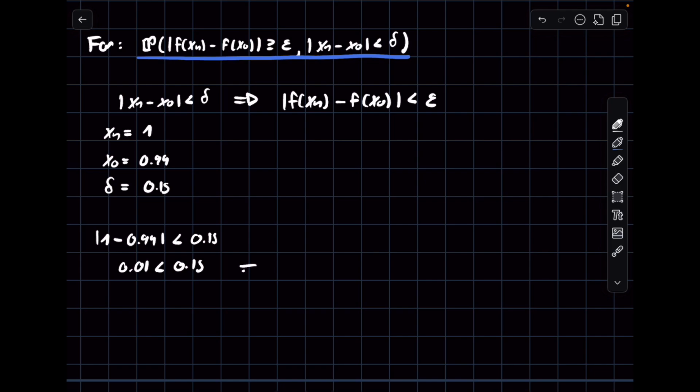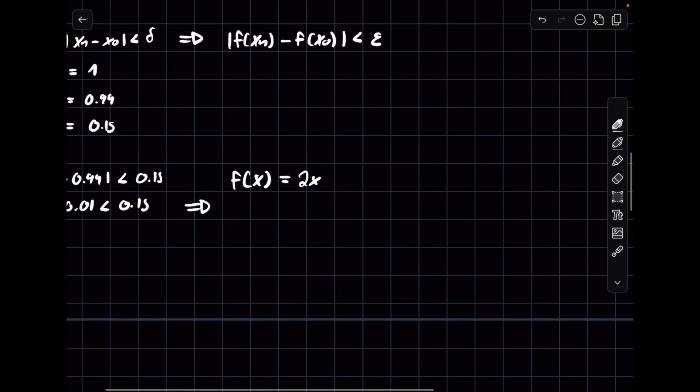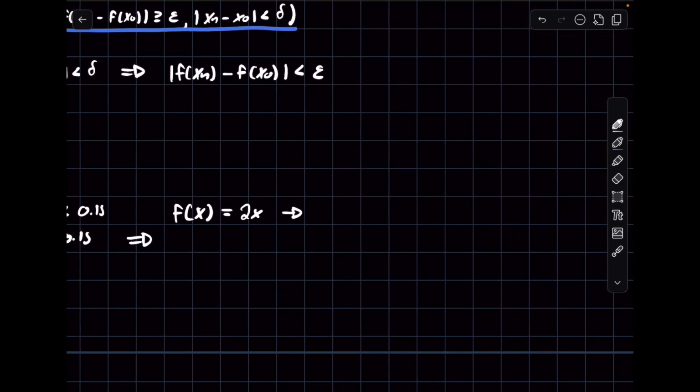Now let's take that f of x is equal to, I don't know, 2x, which is a continuous function. So with this same logic, f of x of n is going to be 2, and f of x of 0 is going to be 0.99 times 2. I have my calculator here on my phone.